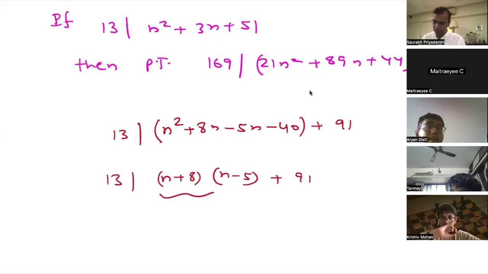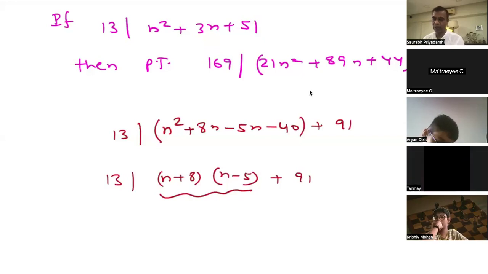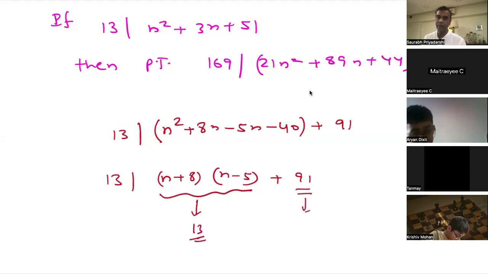The difference of these two numbers is always 30. So if I take one number as a multiple of 13, the second number will obviously also be divisible by 13. If this number is divisible by 13, then 100% this must be divisible by 13.